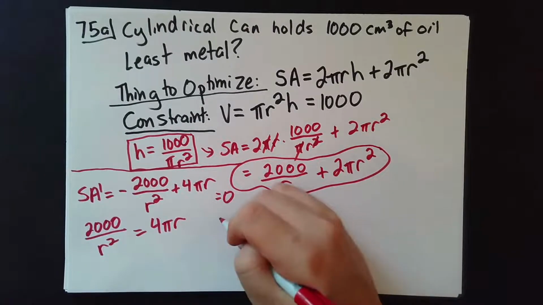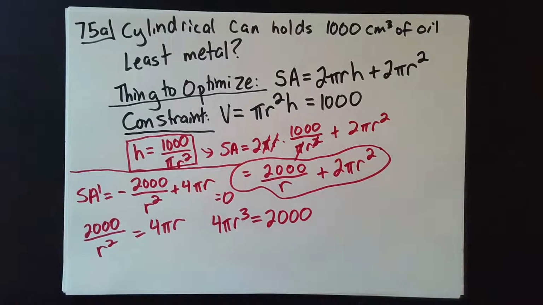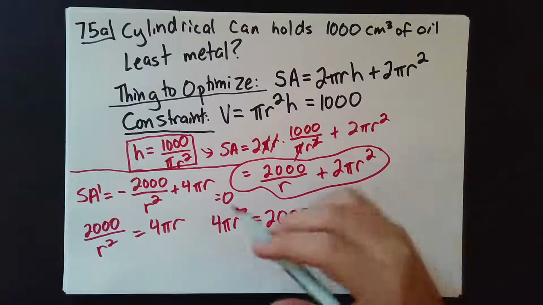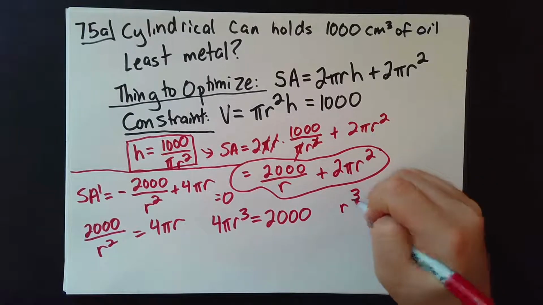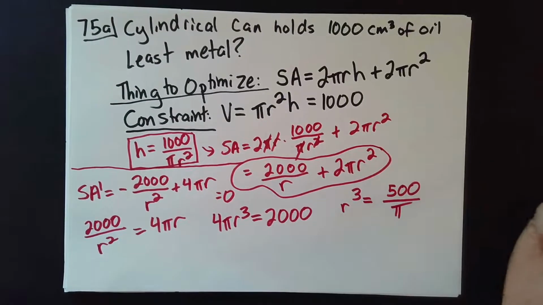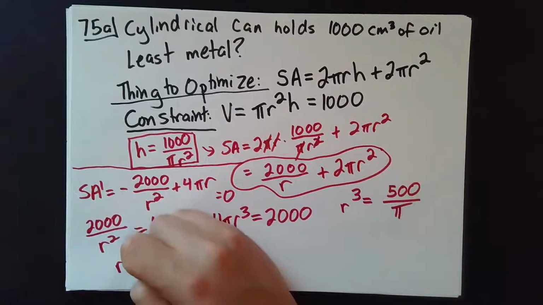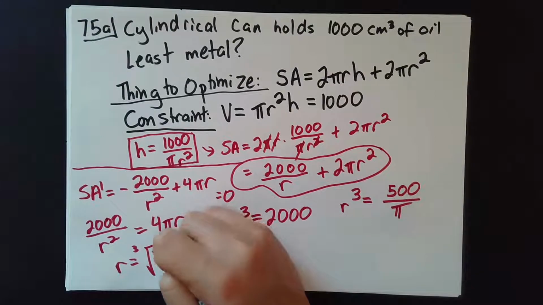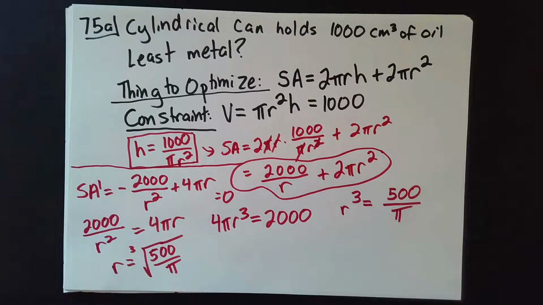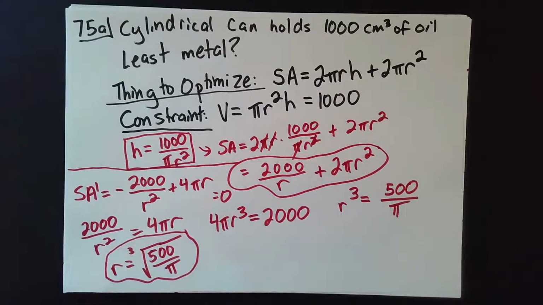So that will give me 4 pi r cubed equals 2,000, which will give me, if I divide both sides by 4 pi, that r cubed is 500 divided by pi. And so r will be the cube root of 500 over pi. And I will leave it there for you to answer the rest of the question.